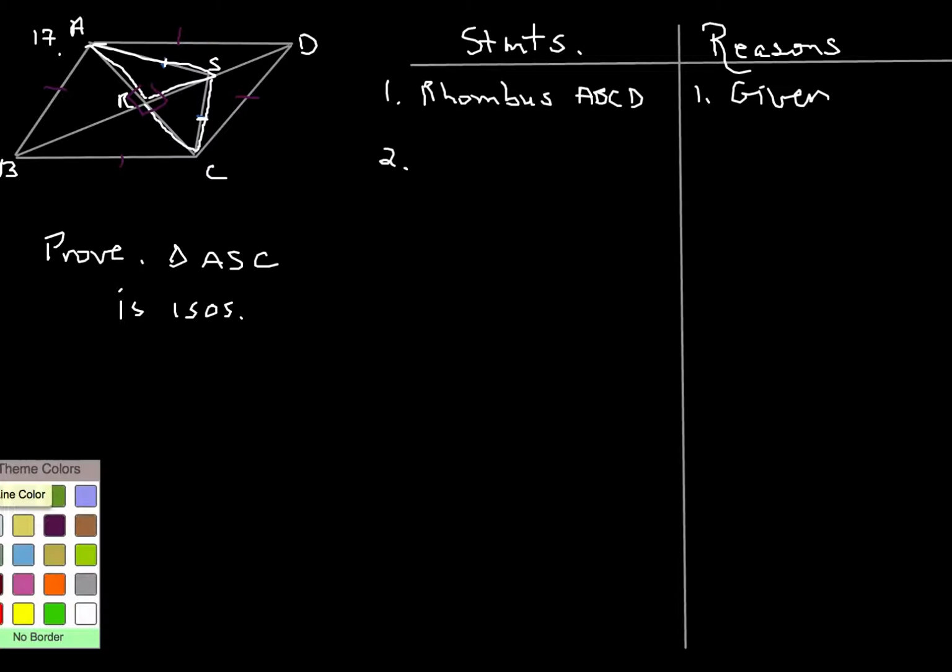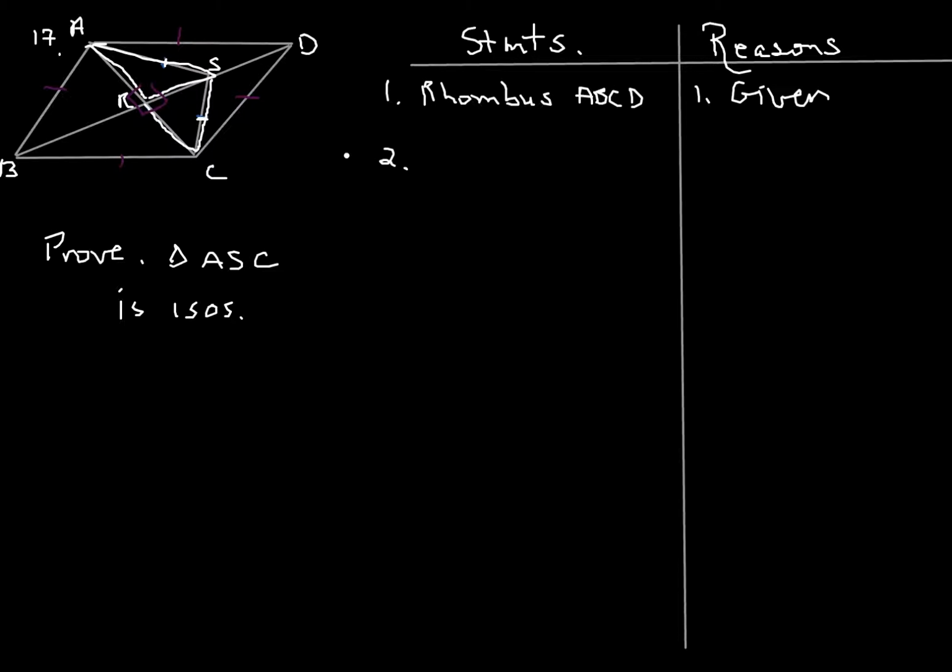So let's just think this through together. We have the rhombus. The first thing I would think is, if we're going to prove these two little triangles are congruent, right here and here, let's start with getting these angles. So we can say that angle SRA and angle SRC are right angles.